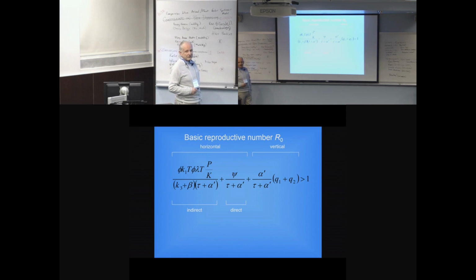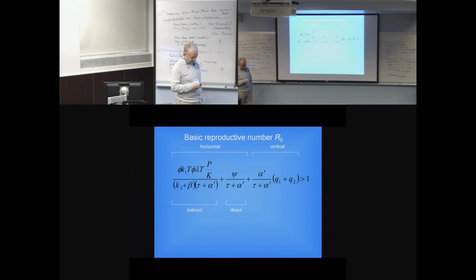But these two are transmission events within vectors, so they are not R0 squared terms. So these are the direct transmission terms through sexual transmission, and these are the transmission terms through transovarial transmission.